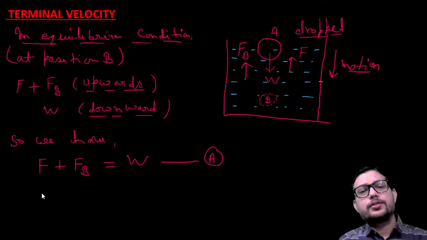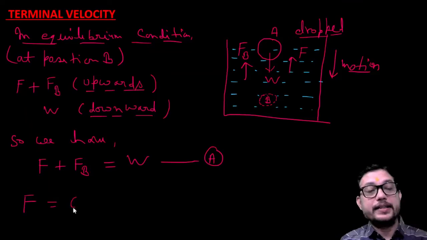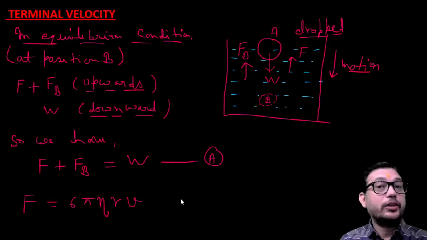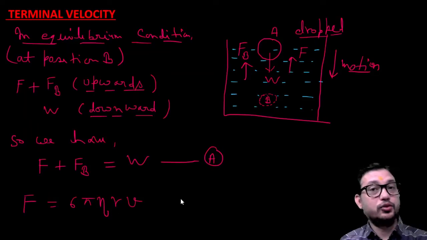Okay, so we have learned that the viscous force is given by a formula, that is 6 pi eta RV, and that is your Stokes law. I hope that you know it very well.